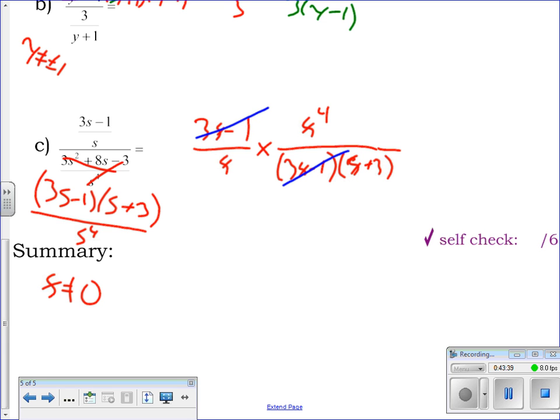The 3s minus 1's cancel. This s cancels with one of those s's, right? So I end up with s cubed over s plus 3. Couldn't have 0 in my original problem. Can't have negative 3 in my final answer. Remember, we have to check the original and the final answer as well.